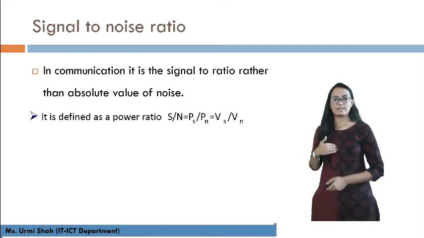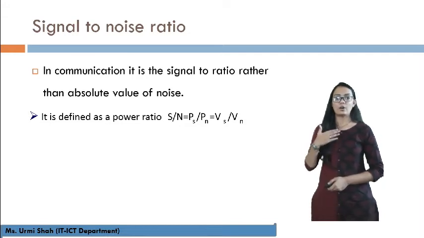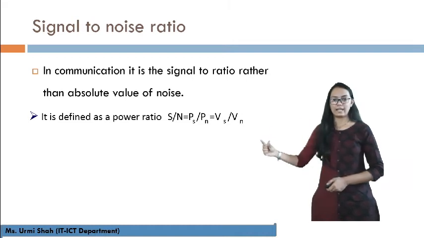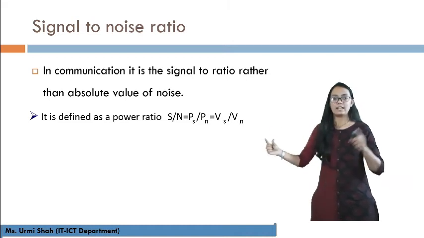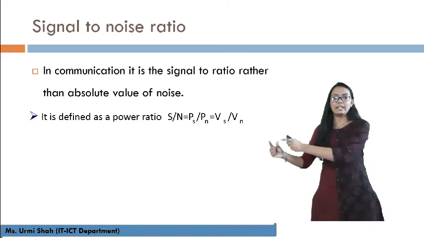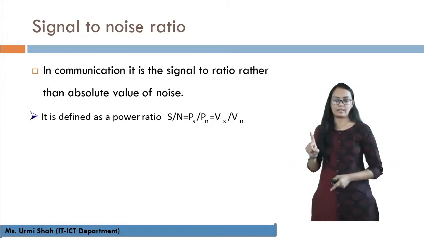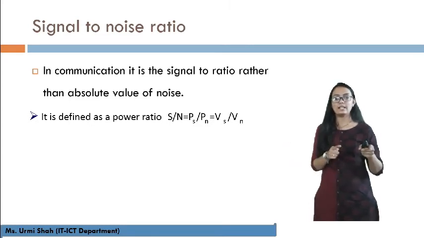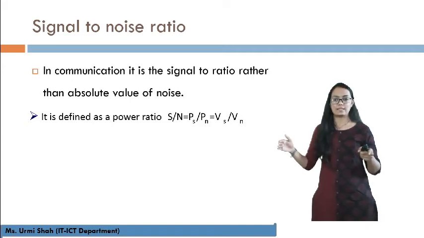If I am transmitting some signal from one end to another end and that signal is transmitted without any error, then the signal to noise ratio ideally will be 1. That means this signal has been transmitted without any noise, and if this signal is having some interference of noise, then it will always be less than 1.